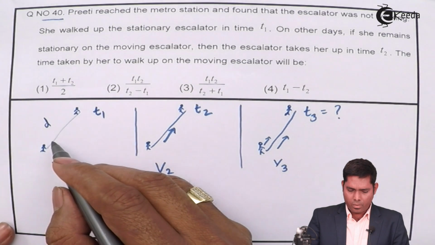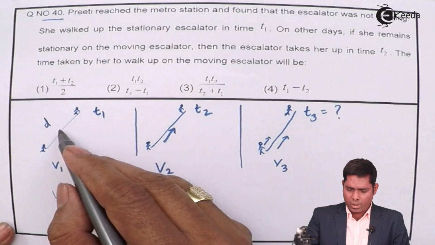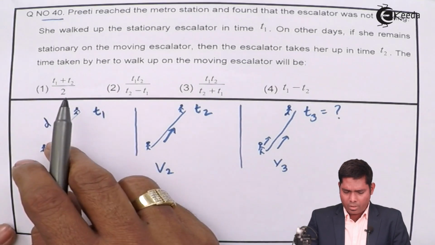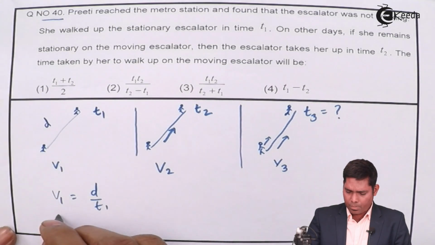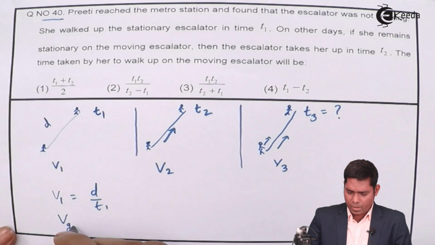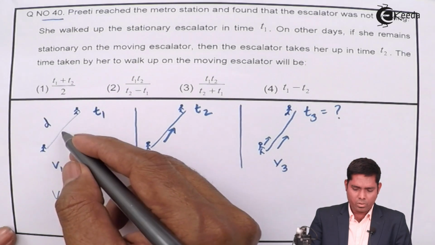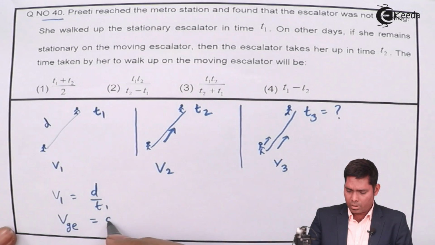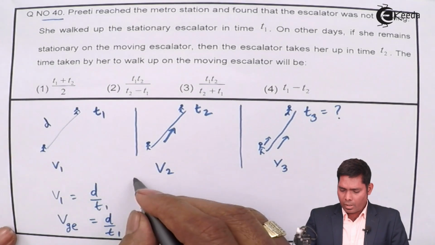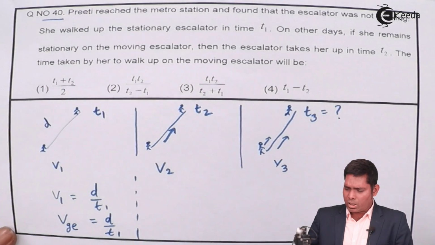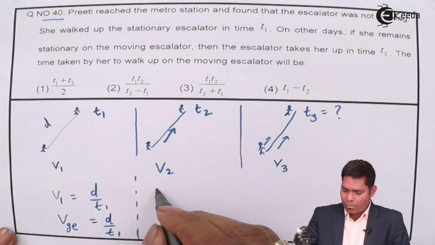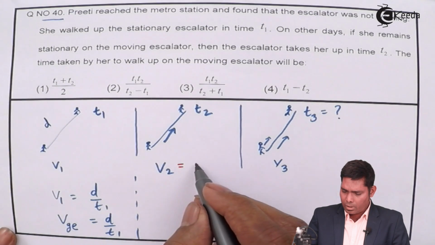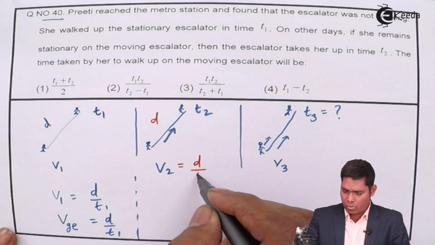That is, the girl with respect to, we can say, escalator. This is the speed of the girl with respect to escalator because it's at rest, and it is d over t1. And in this situation, I write v2 as the same d that we traveled in time t2.